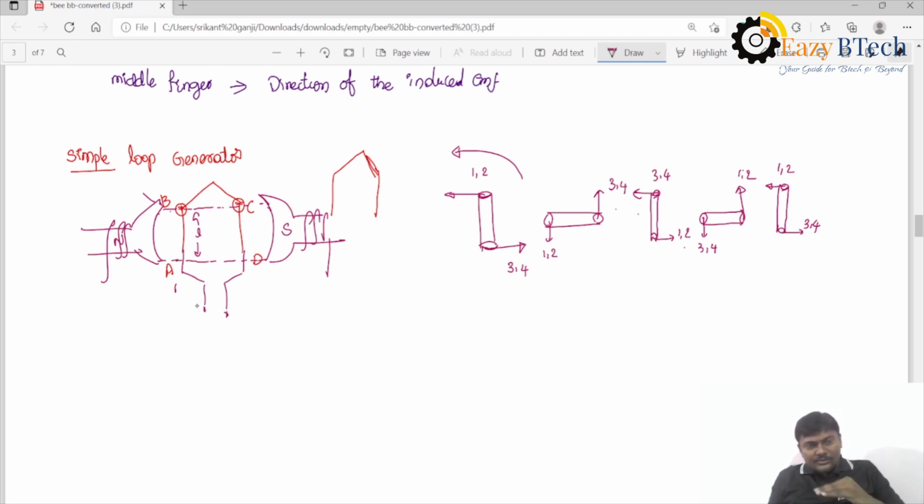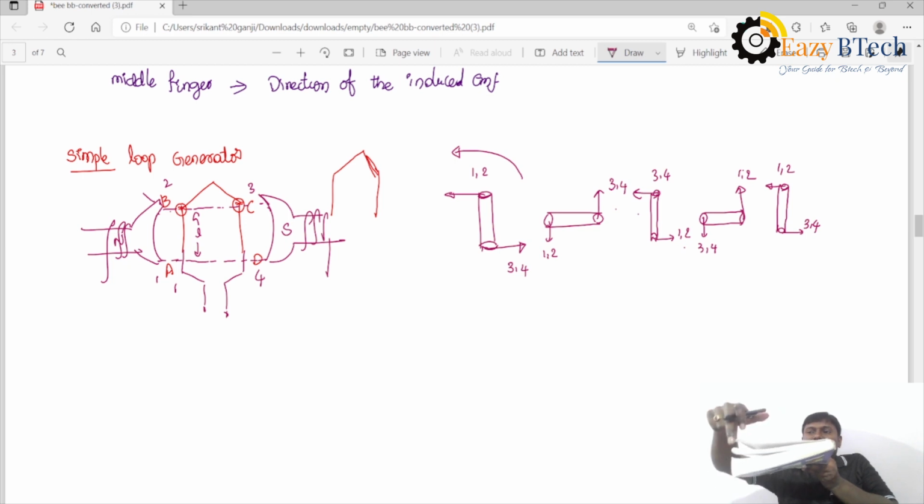If you observe from the bottom, the position of the coil is like this. This is conductor AB and this is conductor CD, that is, 1 comma 2 and 3 comma 4.